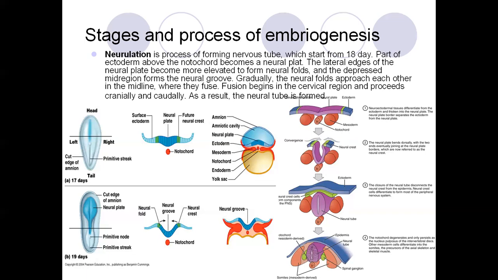Until fusion is complete, the cephalic and caudal ends of the neural tube communicate with the amniotic cavity via the cranial and caudal neuropores, respectively. Closure of the cranial neuropore occurs at approximately day 25, whereas the posterior neuropore closes at day 27.